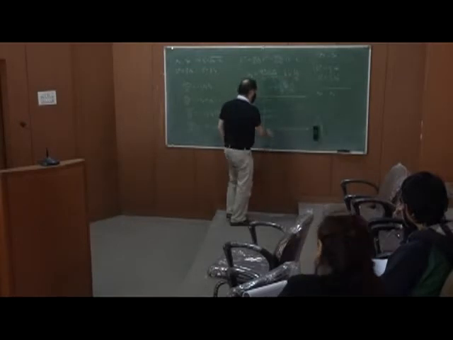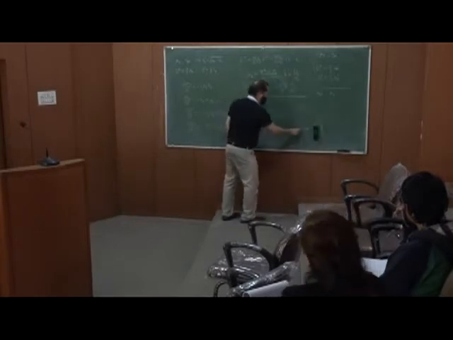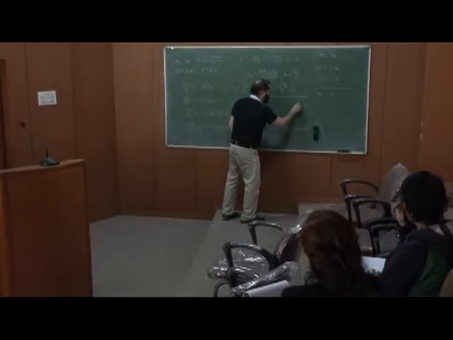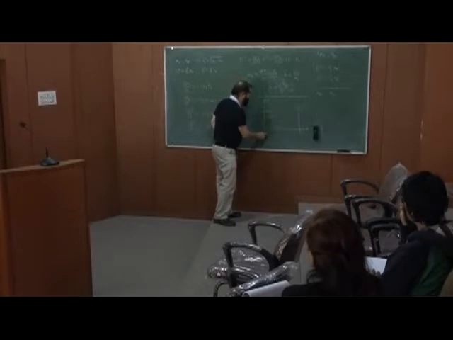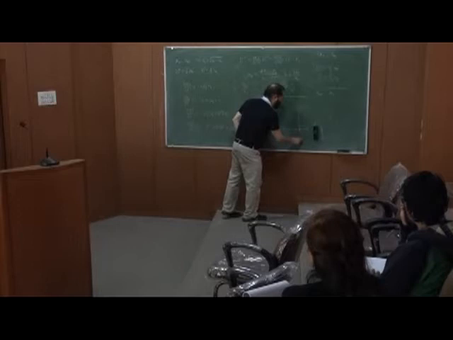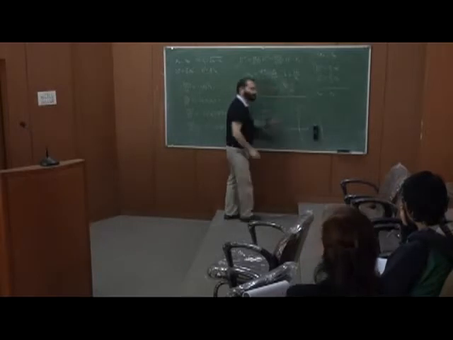Because this is numerical, we make a partition. We go from a minimal value of R, which will be 0, to a maximum value of R, which is arbitrary.